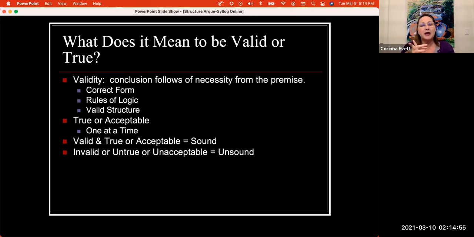Because we can have a lot of persuasive arguments that are not bound by logic or do not follow the rules of logic or employ reasoning, but they can still be persuasive.